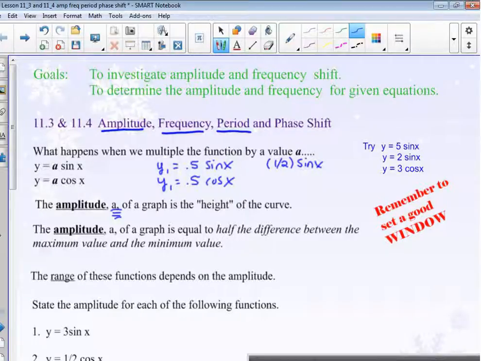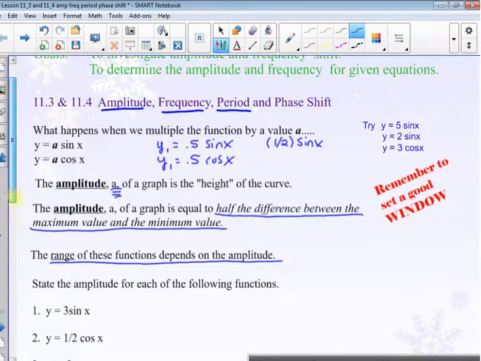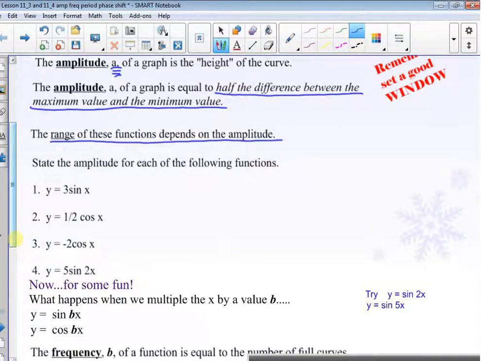The amplitude A of a graph is equal to, here's the definition, half the distance between the maximum value and the minimum value. And the range of these functions depends on the amplitude. So, I'll put a little heading here, amplitude.